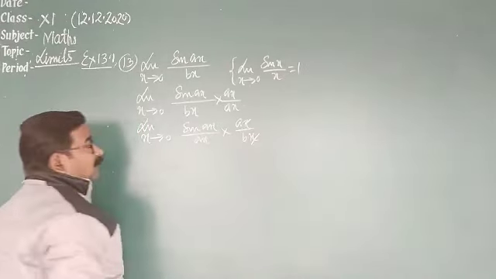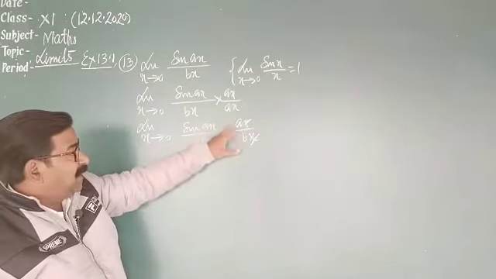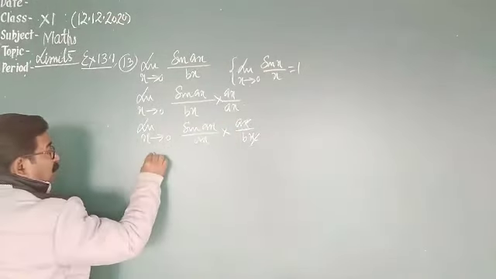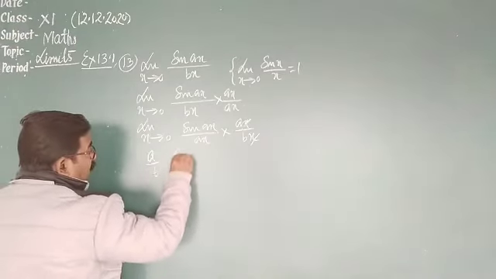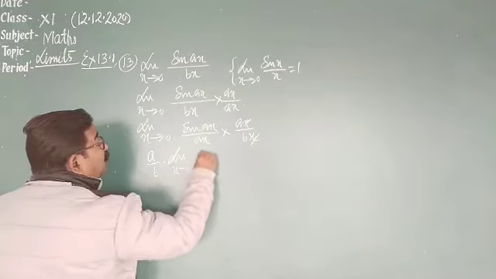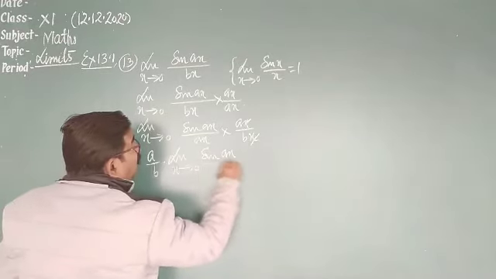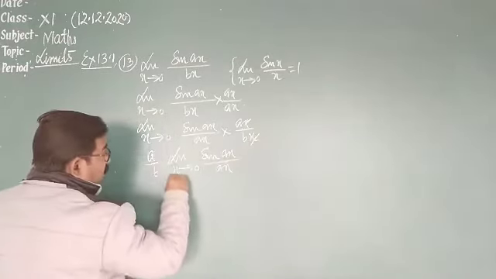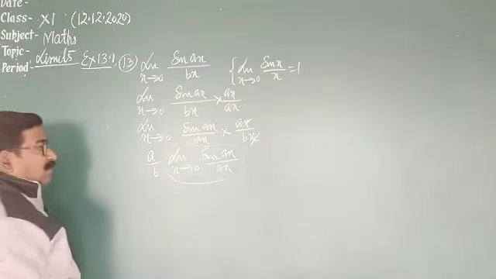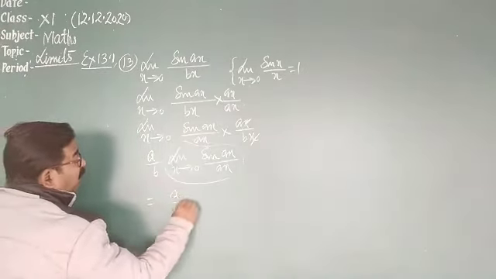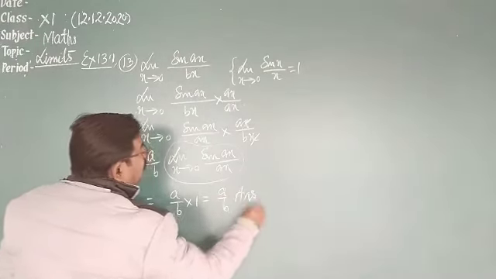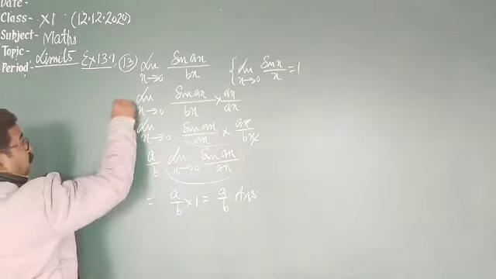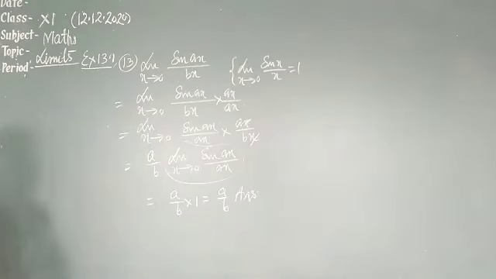This will go. This is constant, a upon b. So we can write a upon b, limit x tends to 0 sin ax upon ax. Now this portion becomes 1. So we have a upon b into 1 is equal to a upon b, the answer of the question. Got it? Very simple question.